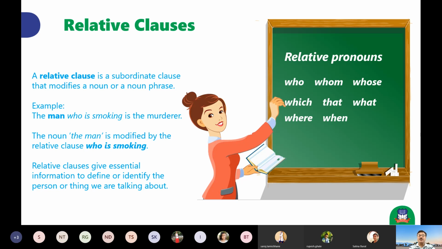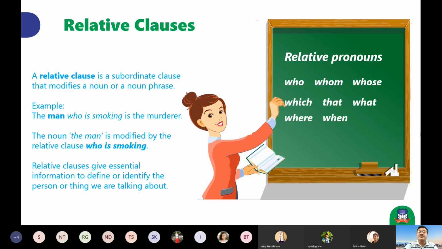So who is smoking, this subordinate clause here, is a relative clause. This qualifies the noun. Okay, which noun? The man. This modifies, qualifies, describes, gives extra meaning, whatever you say is the same. So relative clauses give essential information to define or identify the person or thing we are talking about. So relative clauses, what do they do?